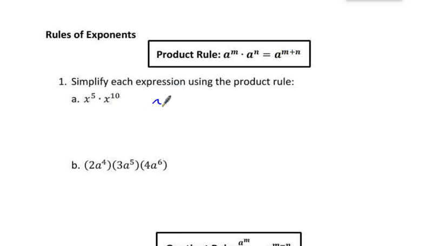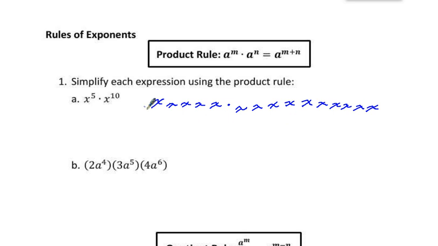X to the 5th, 1, 2, 3, 4, 5. X to the 5th is x times itself 5 times, and x to the 10th, 1, 2, 3, 4, 5, 6, 7, 8, 9, 10, is x times itself 10 times.